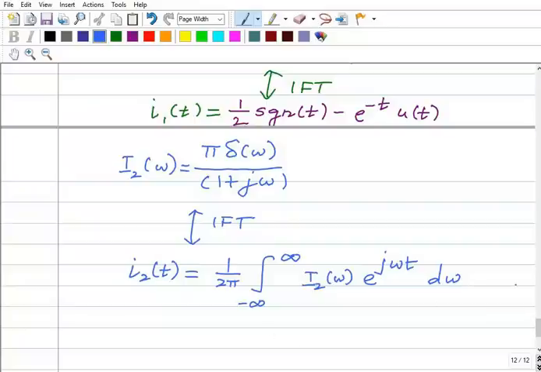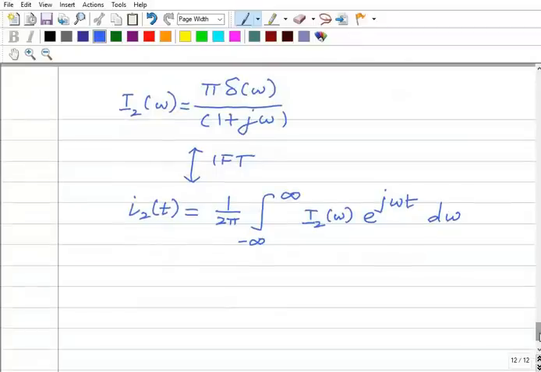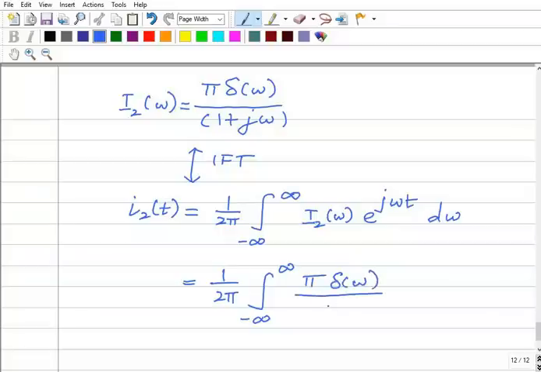See, why I am not using partial fraction is because there is only one factor, 1 plus j omega. So let me substitute I2 of omega here: 1 over 2 pi, integral from minus infinity to plus infinity, pi into delta omega divided by 1 plus j omega, into e power j omega t d omega.